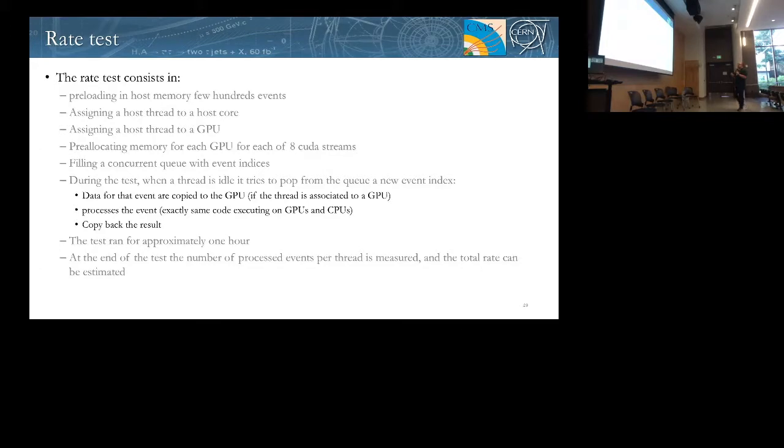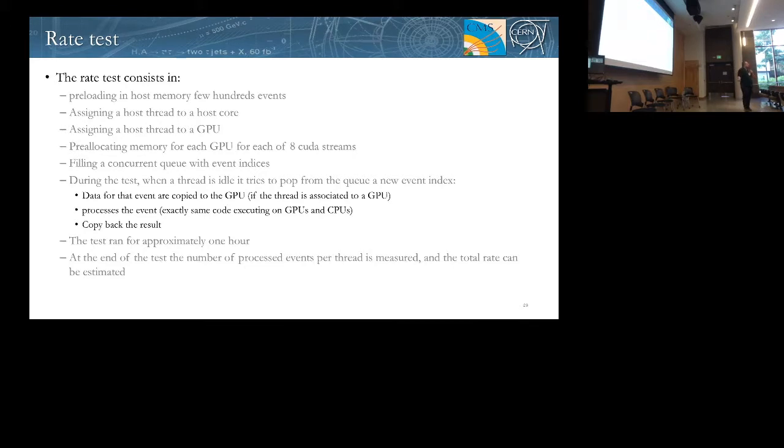And you start filling a TBB concurrent queue with event indices. So during the test, when a thread is idle, it is stealing something from the queue. So it tries to pop from the queue a new event index. So in this moment, if the thread is associated to the GPU, data is copied to the GPU, and the GPU processes the events and copies back the results.